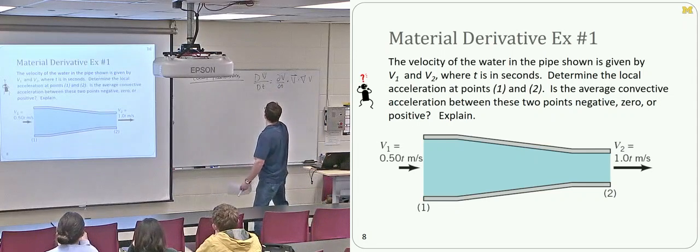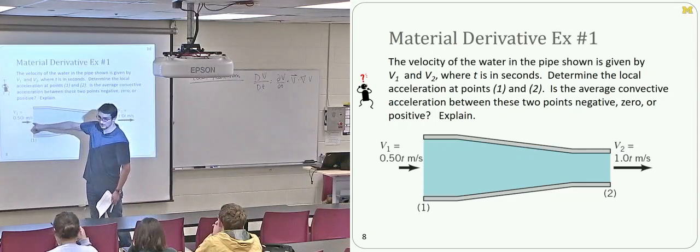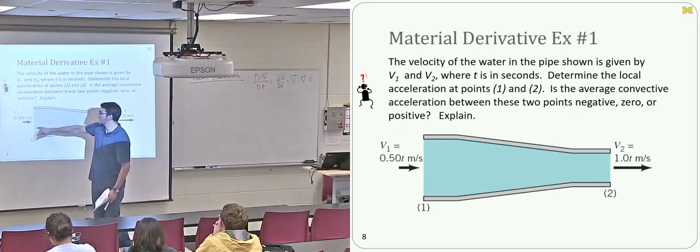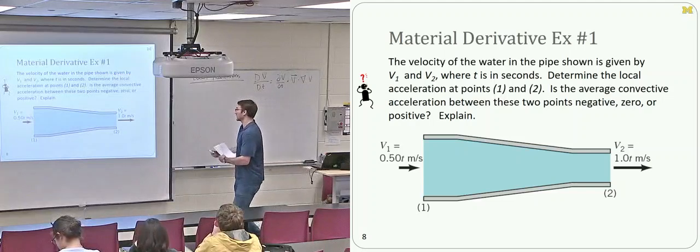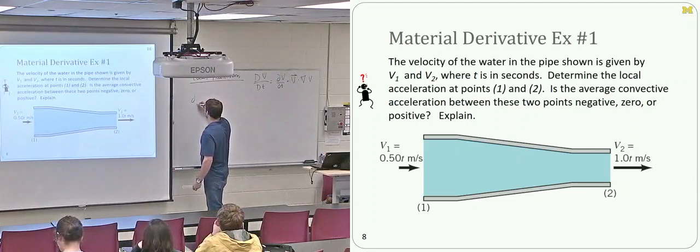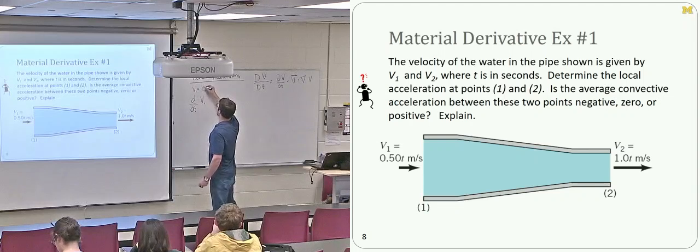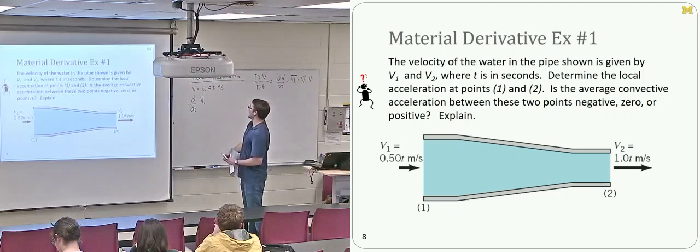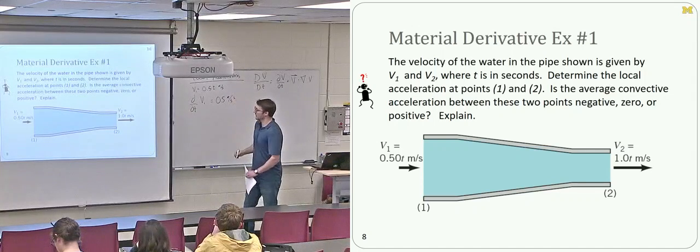Local, because remember, this is telling us how, if we pick a space and time, for example at point 1, we're interested in what is the acceleration at point 1 without worrying about following an individual fluid particle. So the time rate of change of velocity at 1: velocity 1 is equal to 0.5t meters per second, so the time rate of change of this is going to be 0.5 meters per second squared.